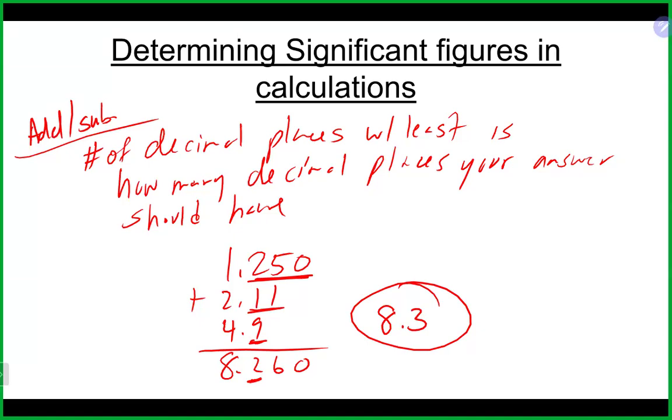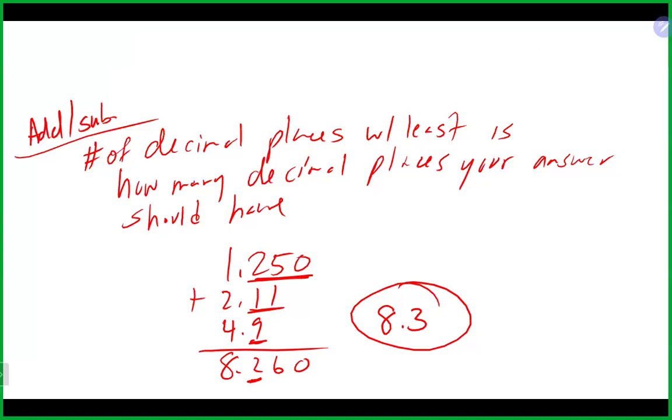Now, if you happen to do a bunch of these things together, which does happen, let's just say we took 1.25 times 3.1, we divided it by 1246, and then we added it to 0.111. There's a lot going on here, right? So we probably would start up here with these, which means we're multiplying.